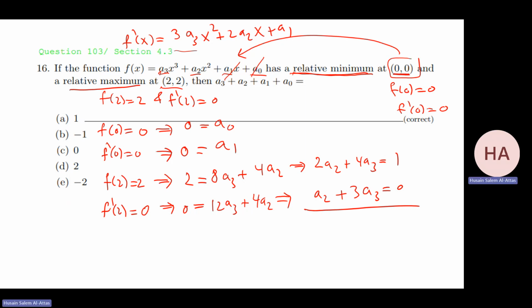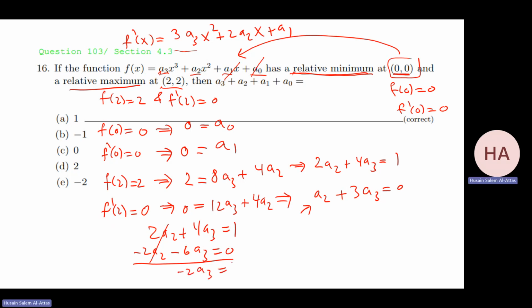Keep this one, 2a2 plus 4a3 equals 1. Here I multiply by minus 2: minus 2a2 minus 6a3 equals 0. And you get what? Minus 2a3 equals 1. So a3 equals minus half. Plug it here.